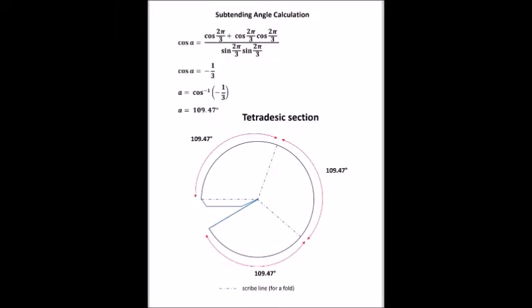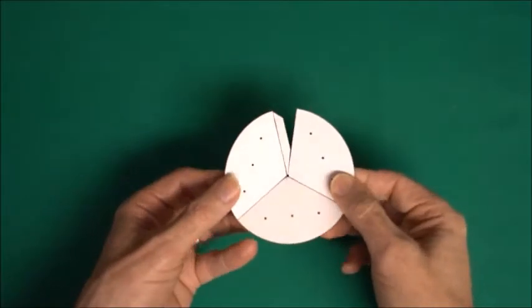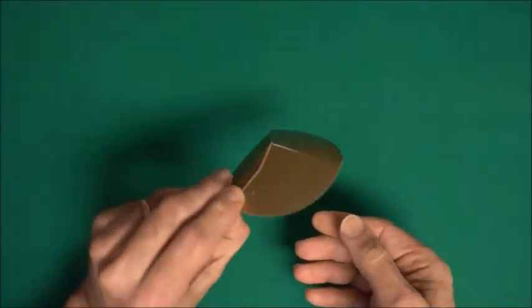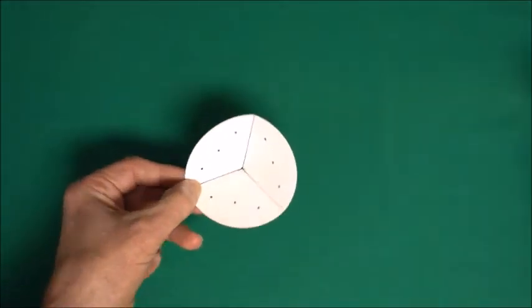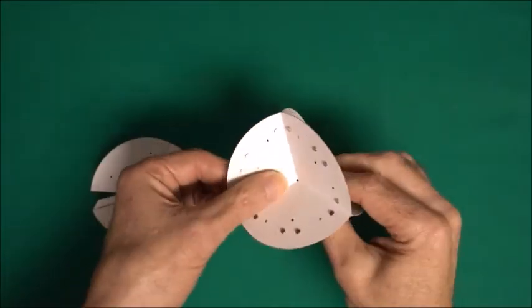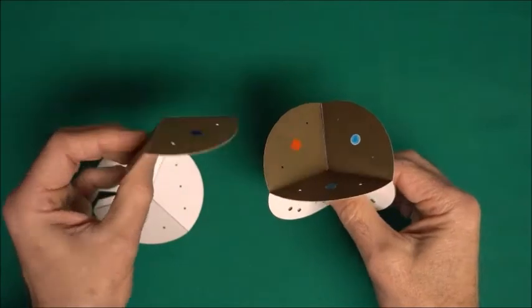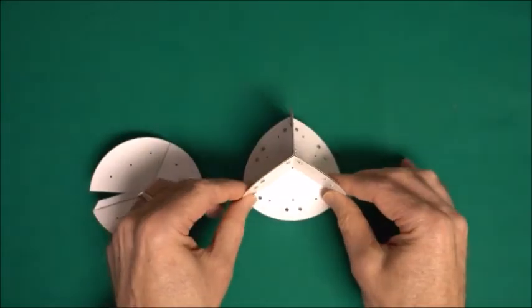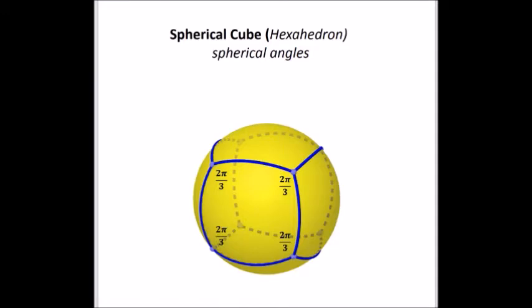With some simple calculations, the subtended angle computes to approximately 109.47 degrees. We can now mark off these 3 angles on a circular plane to create a template of a tetrahedric section. And once assembled, 4 of these tetrahedric sections form a complete spherical structure known as a tetrahedric.